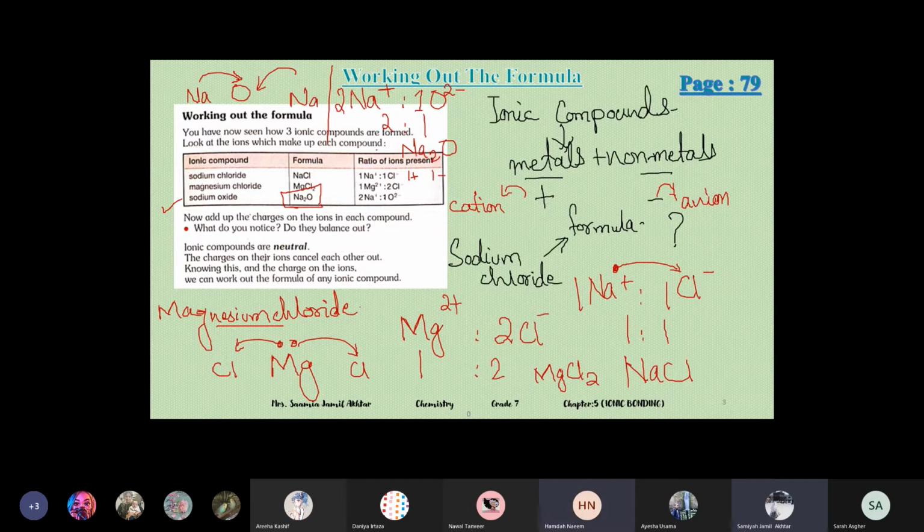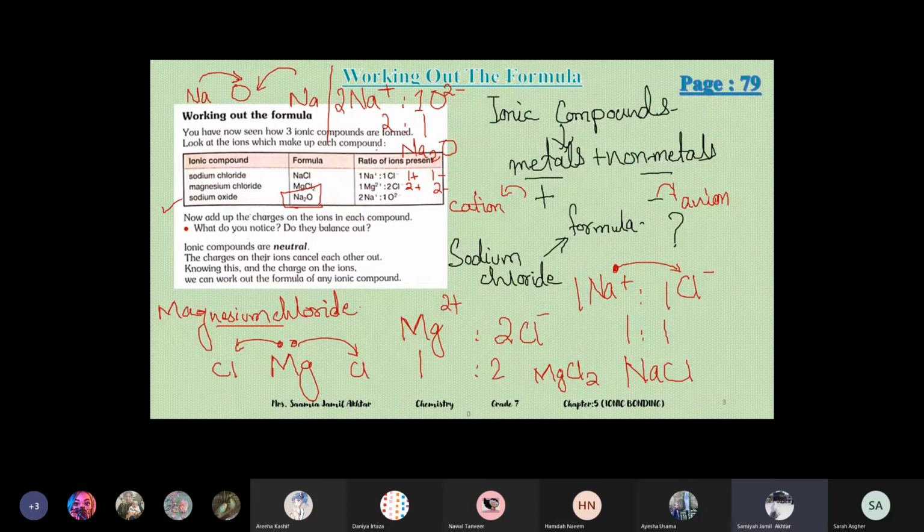In the other one, magnesium and chloride, there is 2 plus, and the chloride ions are also 2, because each chlorine has one negative charge, but there are 2 chlorines. So there are 2 negative charges total. Are you getting it? Yes. So they are also balancing each other.